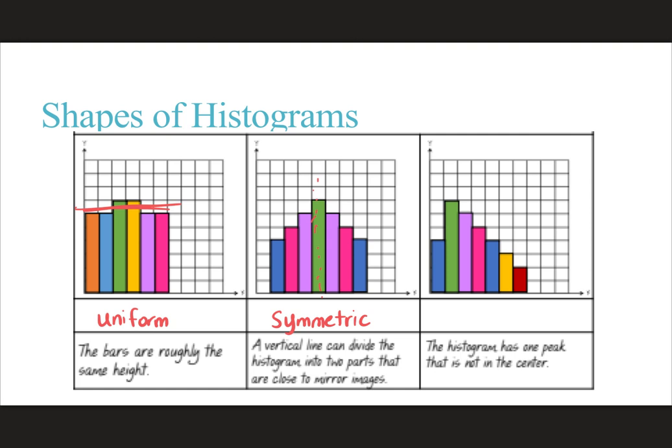And then the last one is what's called skewed. And that's when you have a slope down one side, or sometimes it comes down the other side. So that's going to be skewed, and we'll talk in a couple days about how we actually describe that.